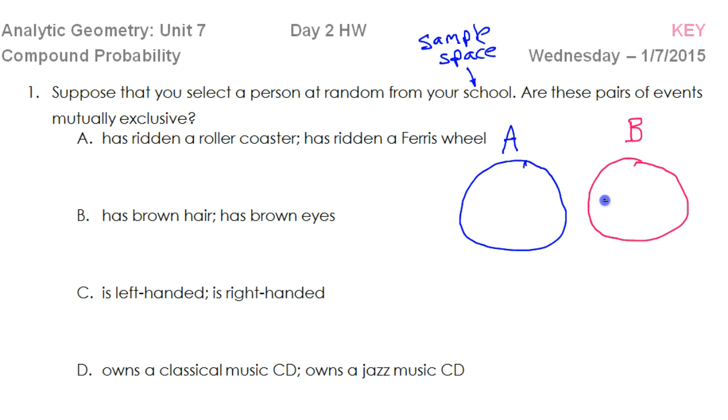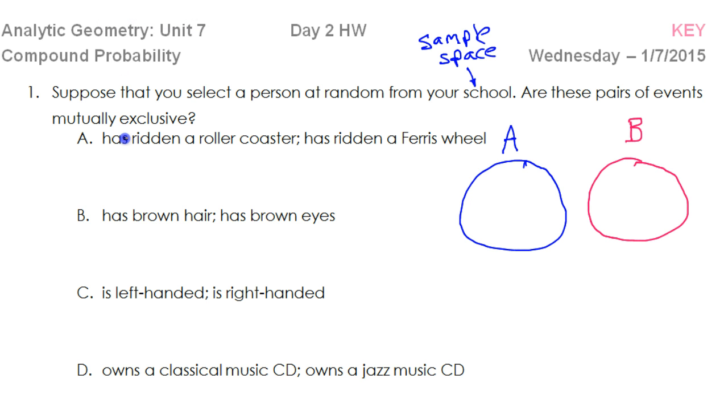You're either one or the other. So an event like that would be mutually exclusive. If we were talking about animals, you could be a cat or a dog, but you can't be a cog. There's no hybrid cat dog. So having a cat or having a dog, those would be mutually exclusive. So mutually exclusive means two events that cannot occur at the same time.